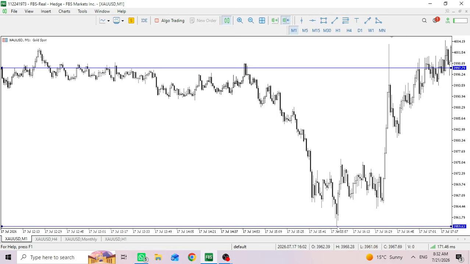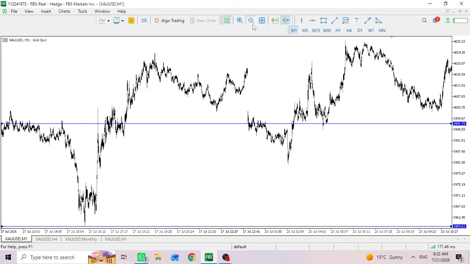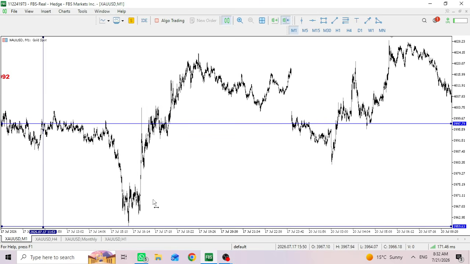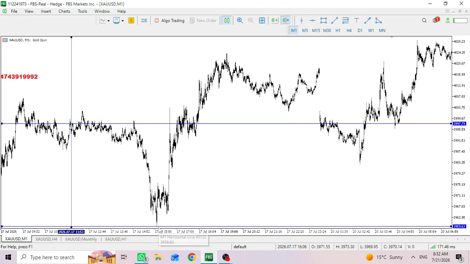This low, you can see, was never violated. So if you took your buy anywhere here, expecting the next 4-hour candle to be buying, your stop loss should be slightly below the low of the first 10 minutes of that 4-hour candle.